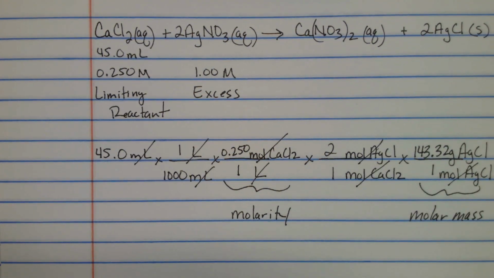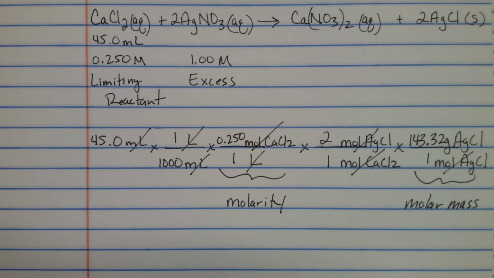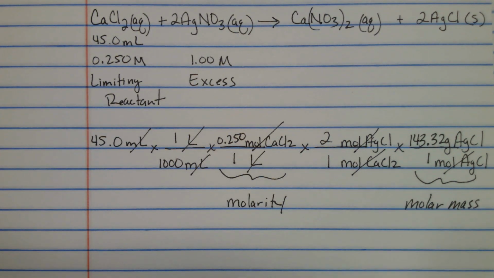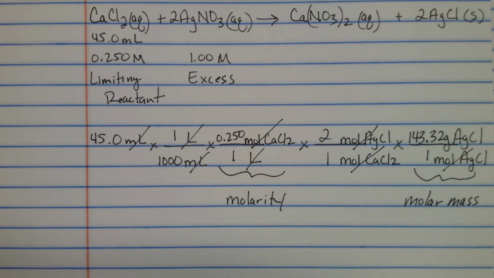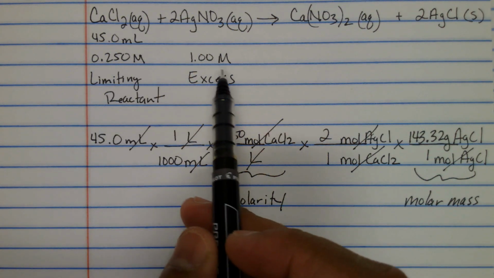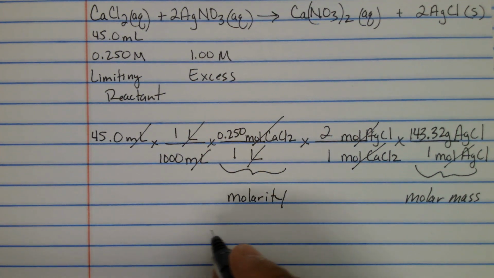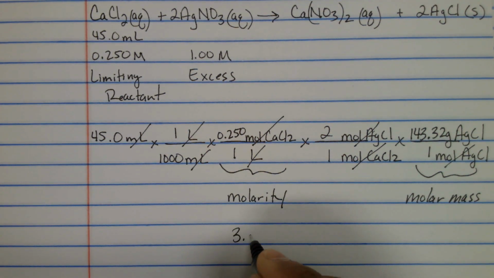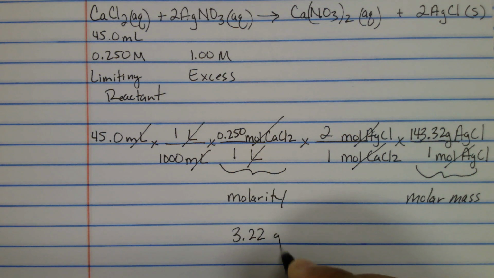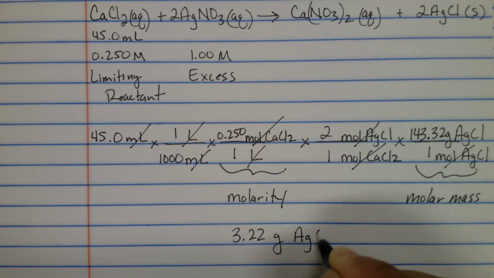And this is what we want to see. I'm sure your instructors will appreciate this, showing all the units canceling. I know I do when my students show me the units canceling. And when we run this calculation, at least to 3 significant figures, that's what we start with here, all 3 significant figures, our answer is 3.22 grams of the silver chloride is produced.